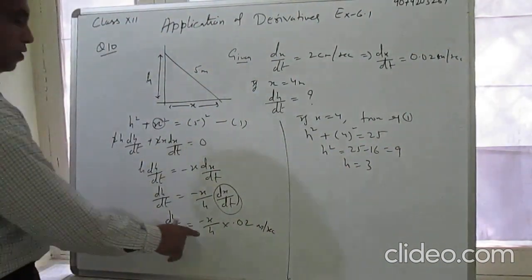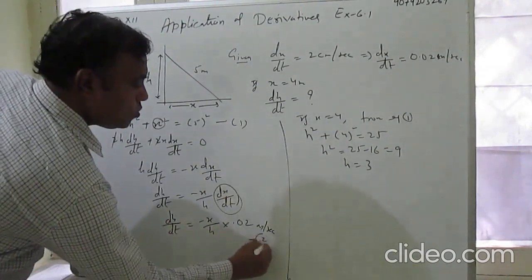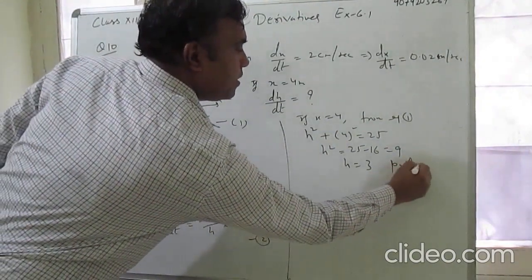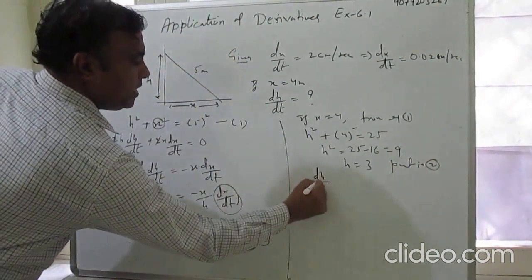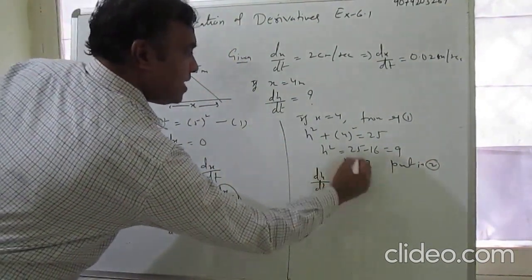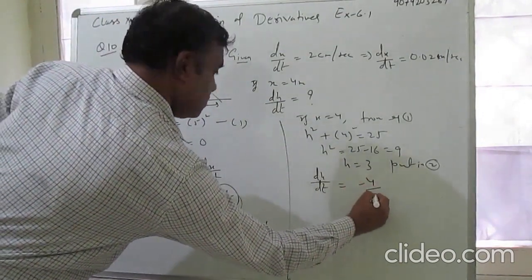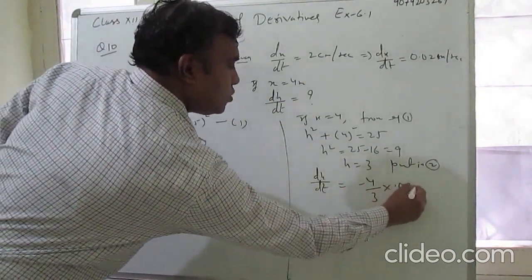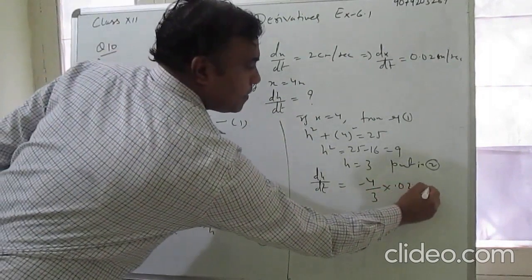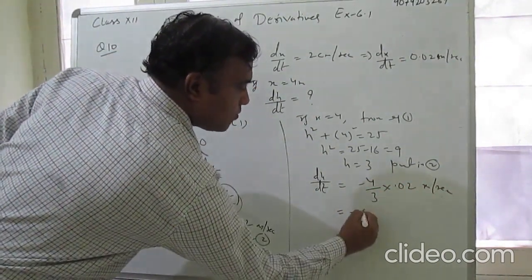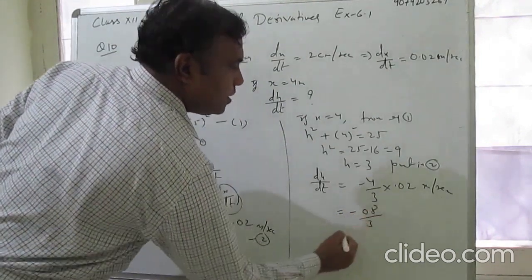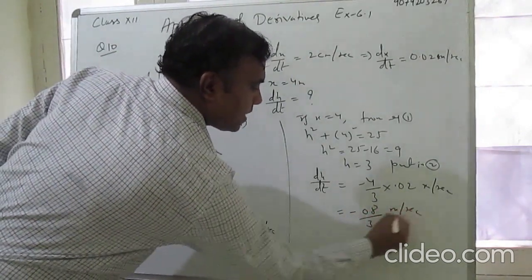Now put in equation 2. So dh/dt is equal to minus 4 upon 3 into 0.02 meter per second. So it is minus 0.08 upon 3 meter per second.